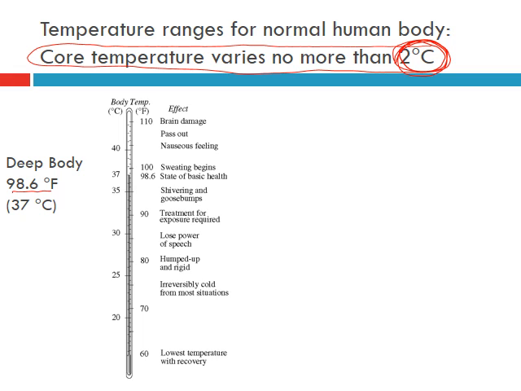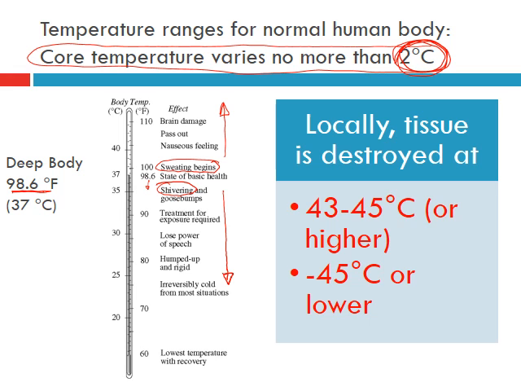The deep body temperature is about 98.6, where by the time you get to even 1.5 degrees higher, sweating begins, and 2 degrees lower, shivering begins. And then you get to progressively more difficult conditions either way. So we're talking a very narrow range of temperature.